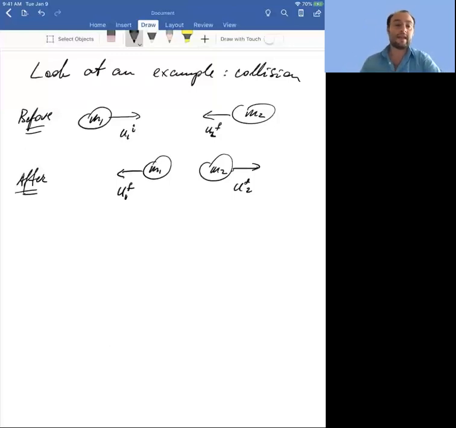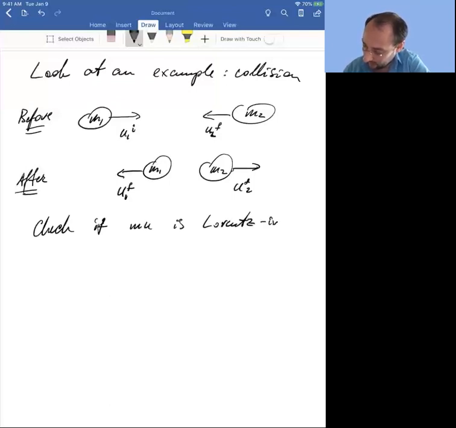Okay, so let's say in one frame it is true that you have momentum conservation using this expression for momentum.